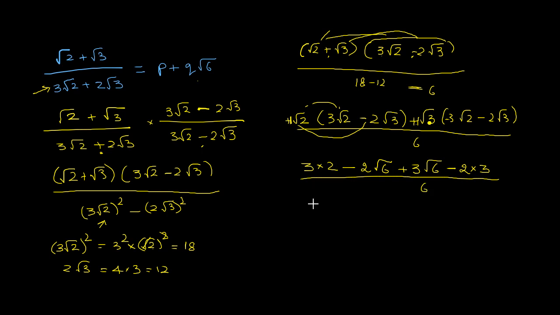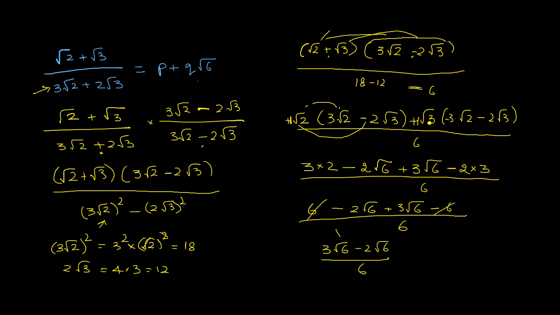So 3 twos are 6, minus 2 root 6 plus 3 root 6, and then minus 6, divided by 6. Minus 6 plus 6, they both get cancelled. So here if I am going to rewrite this, 3 root 6 minus 2 root 6 divided by 6. Remember, these two are like surds.